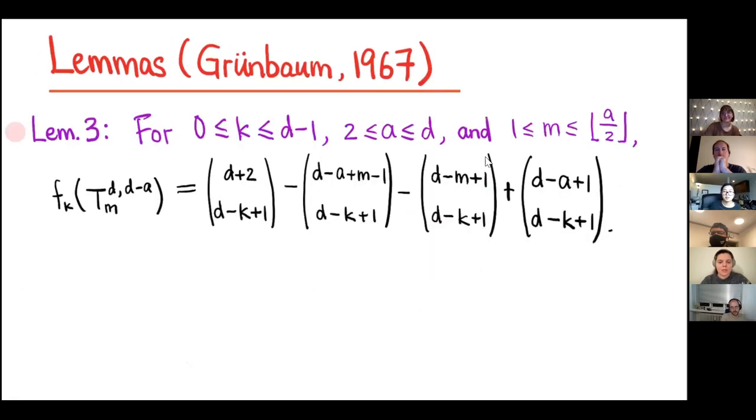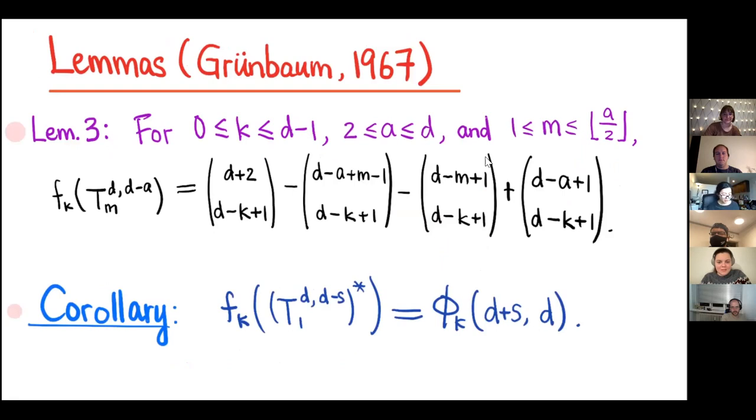And finally, here's a relatively nice formula for the f-vector, for certain k, a, and m. And this is nice because in particular, if you let m equal 1, a equal s, and you dualize the polytope, that's where Grünbaum's magic number comes from.